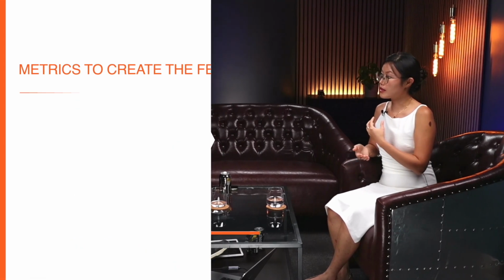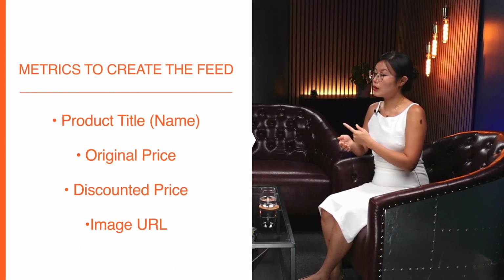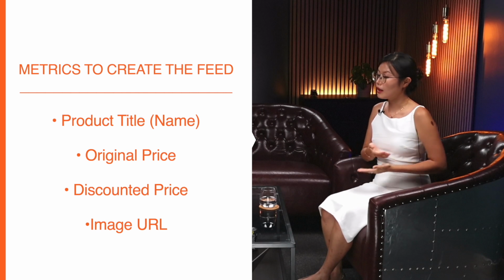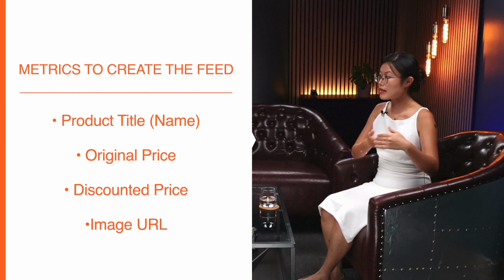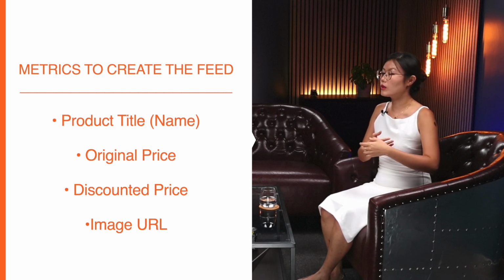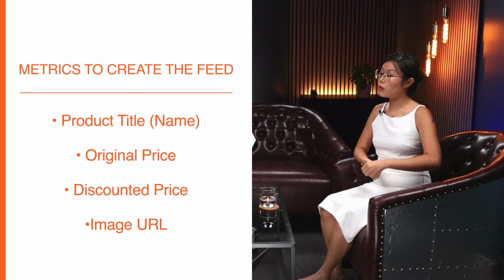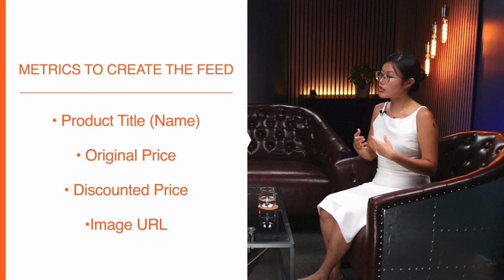Together with that, we will run a dynamic creative where we create a feed. In the feed, some metrics like product title, original price, discounted price, or image URL, we put into the machine, and our machine will automatically create different banners.